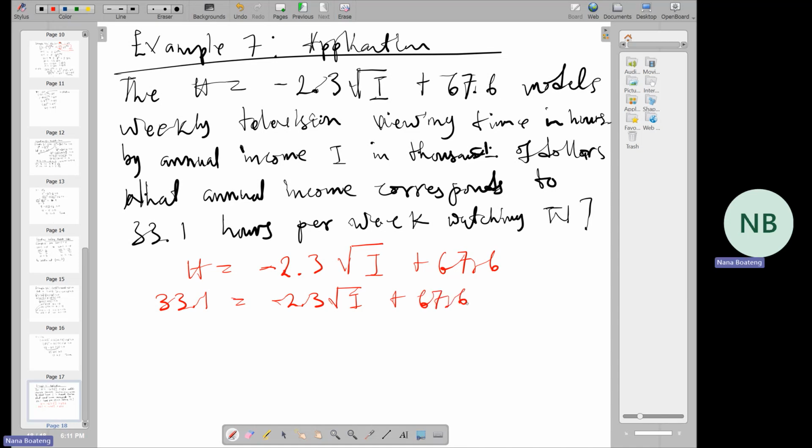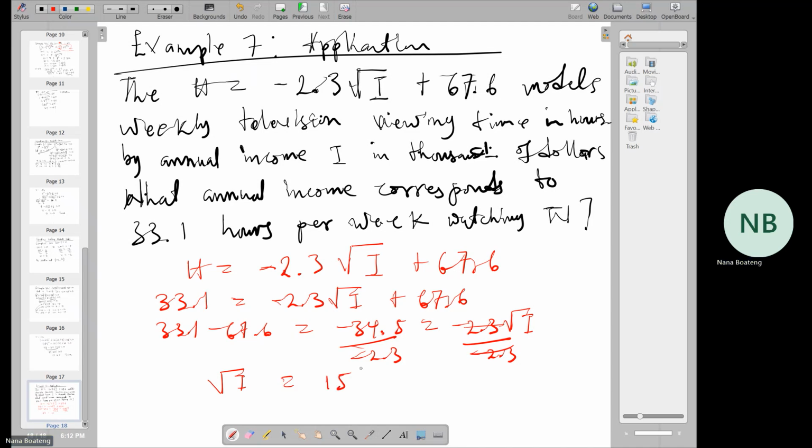If you subtract 67.6 on both sides, then we have 33.1 minus 67.6, which is equal to negative 34.5, and this equals negative 2.3 square root of I. At this point, we can divide both sides by negative 2.3, and we have square root of I is equal to 15.